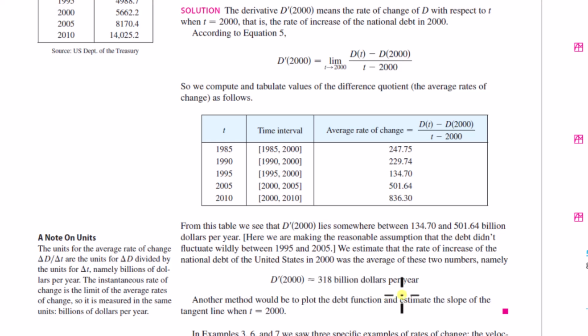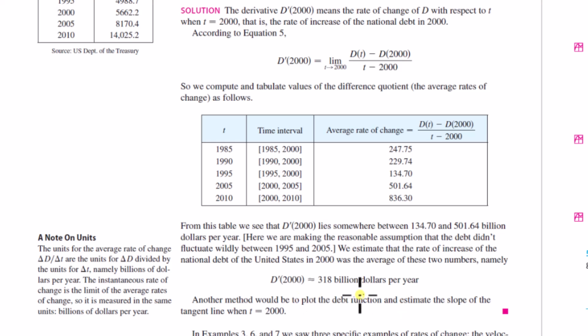In a practical sense, this means that in the year 2001, the national debt increased by $318 billion. That would still be on average, going from 2000 to 2001. It's a good average estimate that the national debt increased by $318 billion in that year.